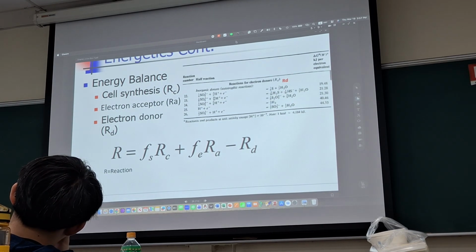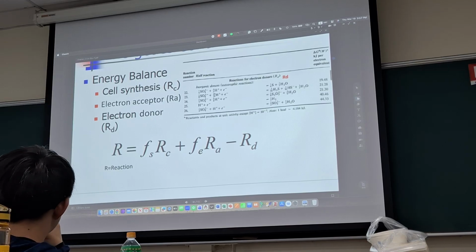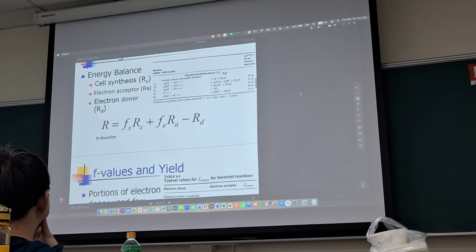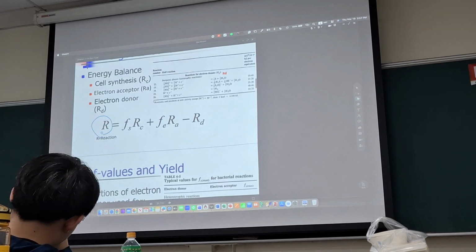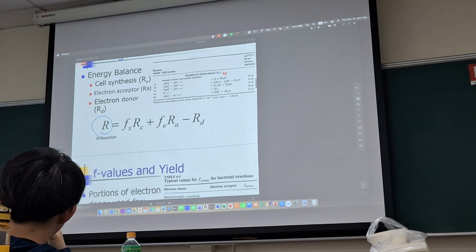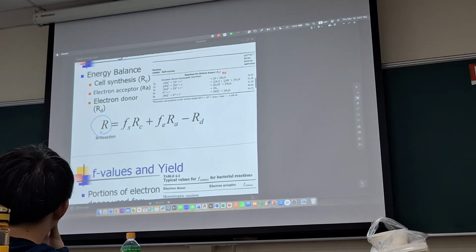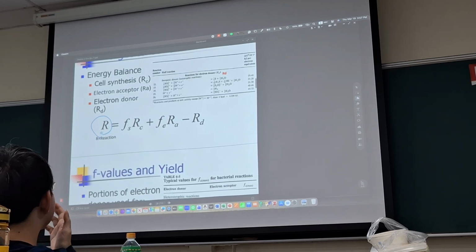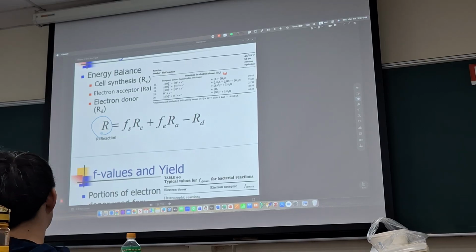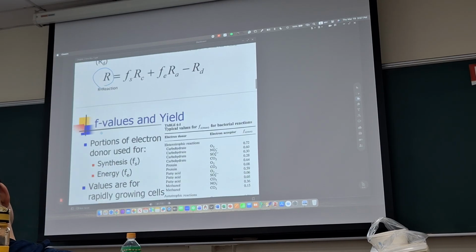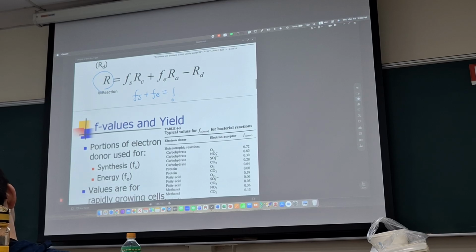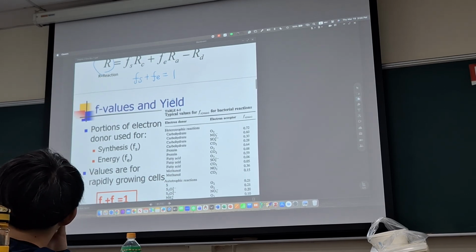What you need to know is this formula. R here stands for reduction. So R equals Fs times Rc plus Fe times Ra minus Rd. And one thing: Fs plus Fe equals 1.